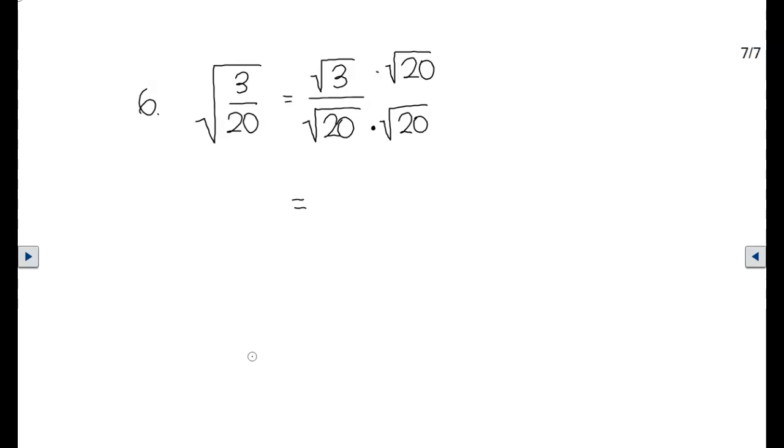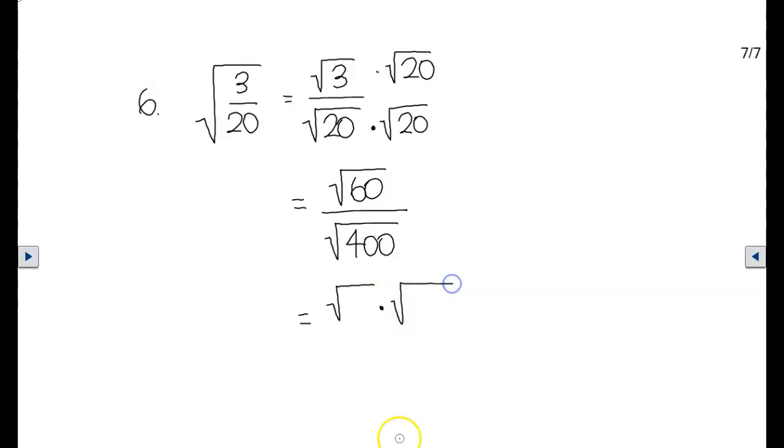All right, multiplying the outsides and the insides on the top, I'm going to get the square root of 60. On the bottom, I'm going to get the square root of 400. 3 times 20 and 20 times 20. All right, now I'm going to look at these square roots to see if they'll simplify. So for 60, I need two numbers that will multiply to give me 60.